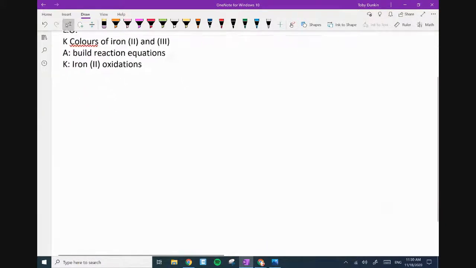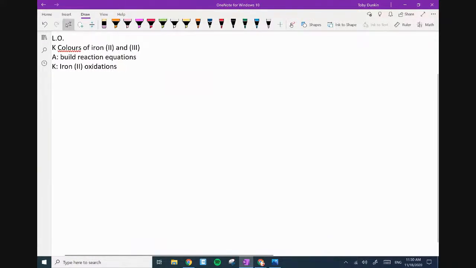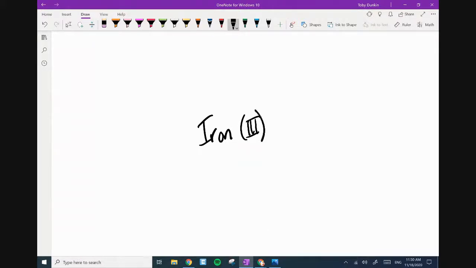So, okay, so first one, I'm actually going to do this in an odd way. I'm going to do iron 3 first. I'm hoping that by the end of the lesson, you'll understand why. So, iron 3 plus. I'm going to put Fe3 plus because it's better. Fe3 plus.